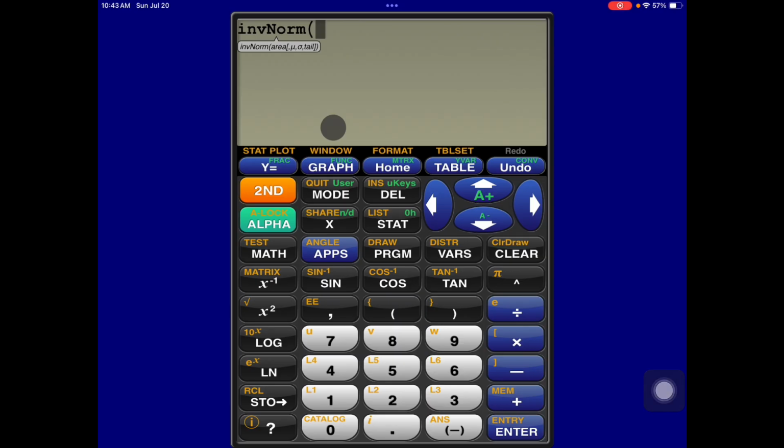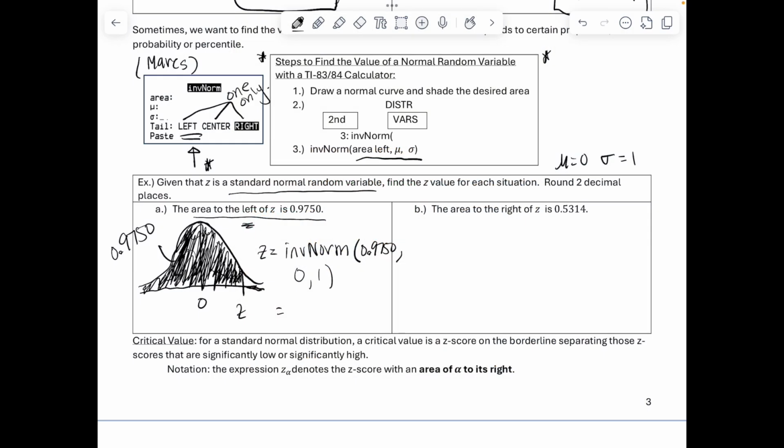And we're going to type in the area to the left, which was 0.9750, comma, the mean, which is 0, comma, the standard deviation, which is 1, comma, close our parentheses, select enter. And then this one we need to round 2 decimal places. From the graphing calculator, we get 1.96.